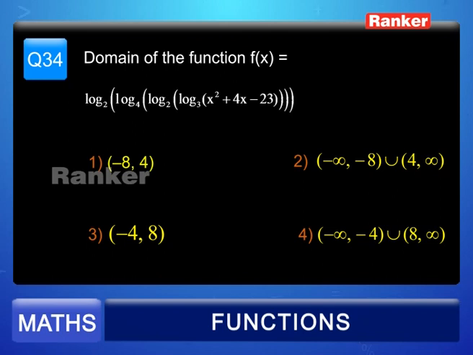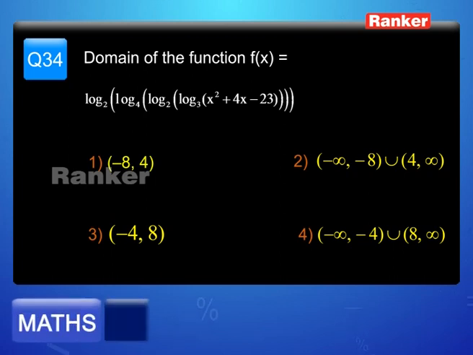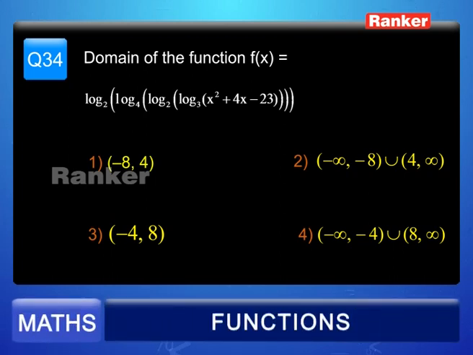The options given are: first option, open interval minus 8 to 4. Second option, open interval minus infinity to minus 8 union open interval 4 to 8. Third option, open interval minus 4 to 8. Fourth option, open interval minus infinity to minus 4 union open interval 8 to infinity.